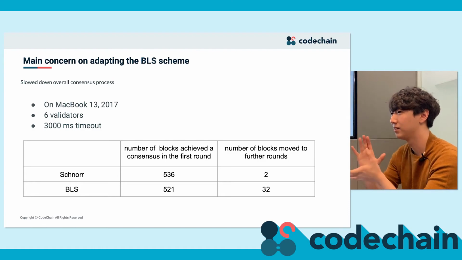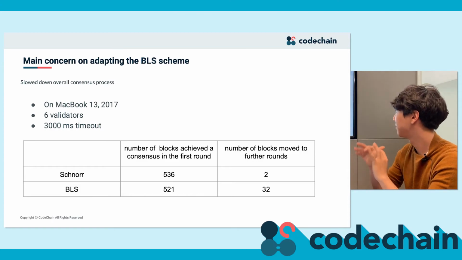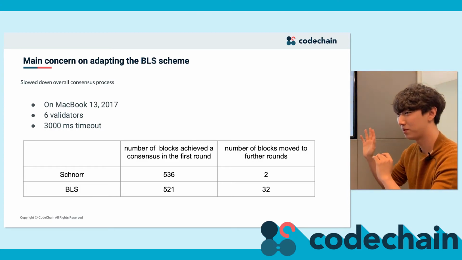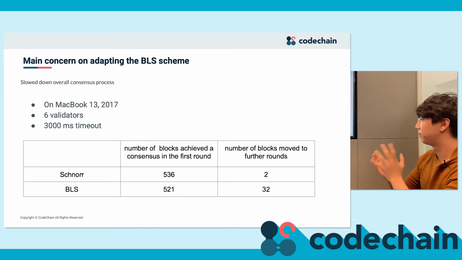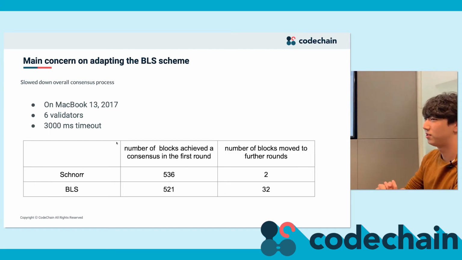A block moving to further rounds means it failed to reach consensus in the first round, and because I tested on my local laptop, failure of consensus directly implies failure due to performance problems. So this is quite a meaningful problem. It was just a test on my local laptop, so I expect it won't be that significant in real cases.